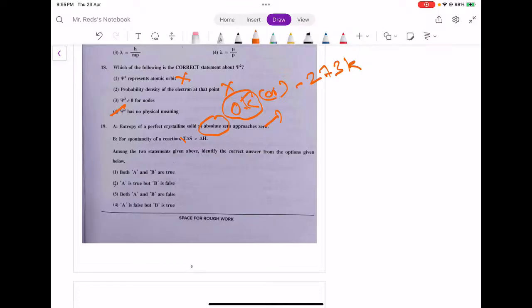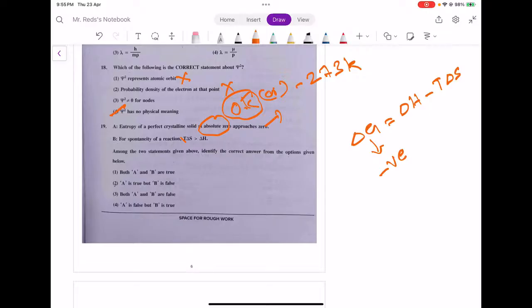B, for spontaneity of a reaction, T delta S greater than delta H. Delta G is equal to delta H minus T delta S. This is the Gibbs-Helmholtz equation. Delta G is negative, or less than 0, for a spontaneous reaction. All naturally occurring processes are spontaneous.